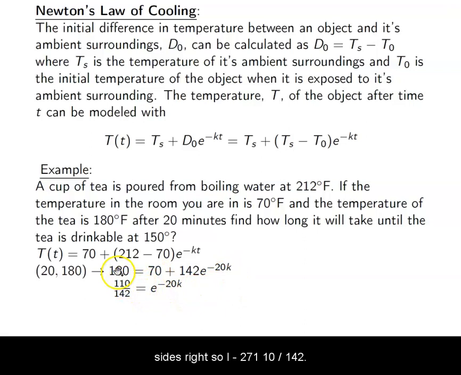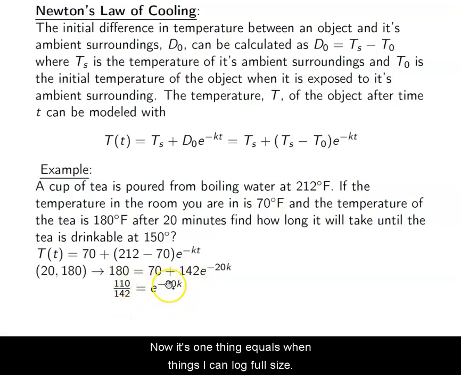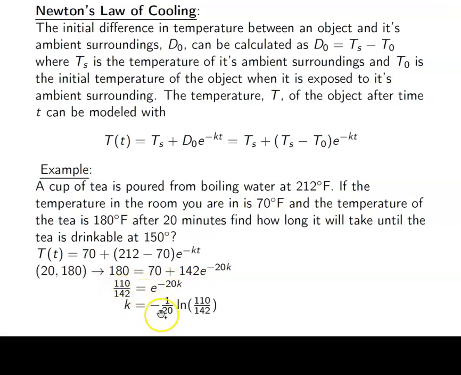So I minus 70, it gives me 110, divide by 142. Now it's one thing equals one thing. I can log both sides, okay? And this is the value I will get for K, right? Log both sides. Negative 20K equals natural log of 110 over 142. So in order to isolate K, I divide both sides by negative 20, right? So this is what I get for K.